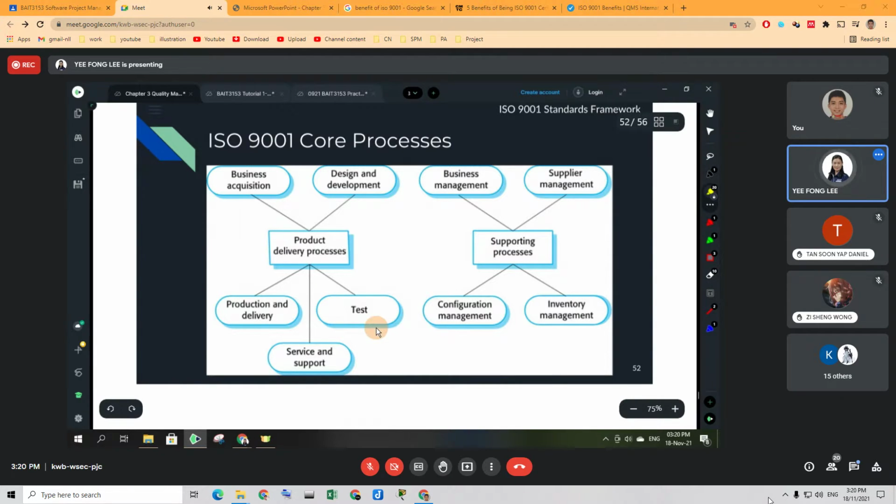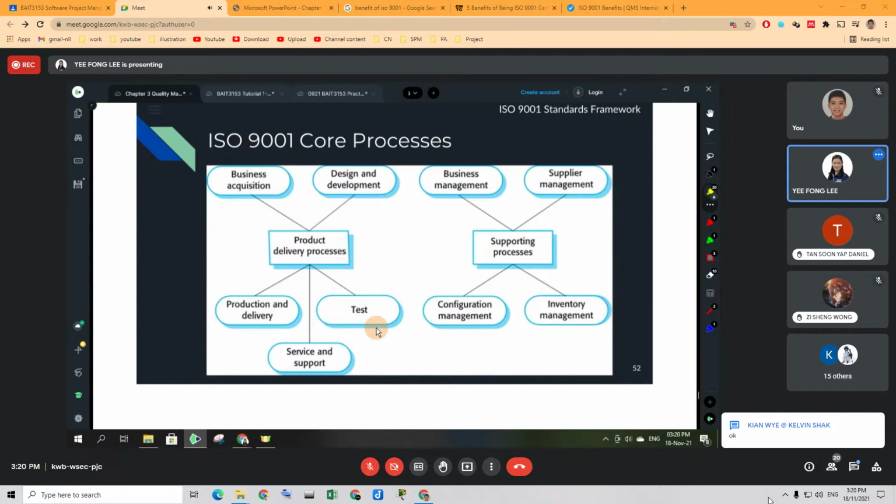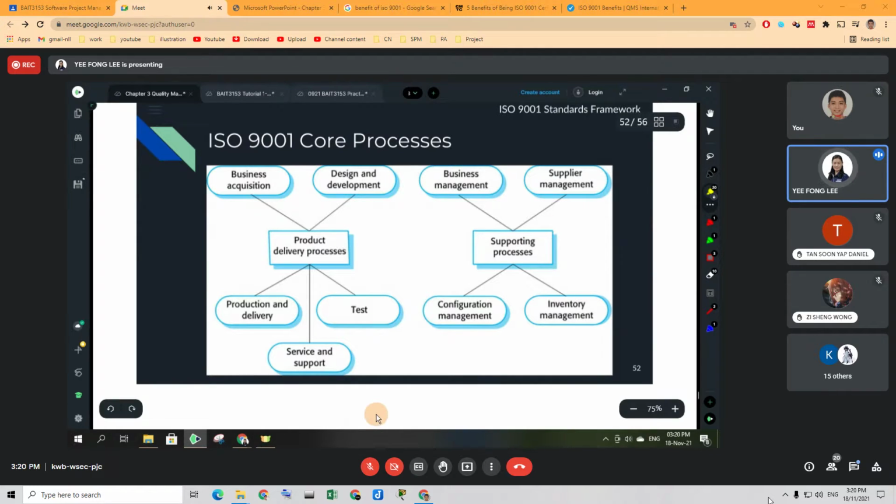So far, okay? For a small company, it can have simple processes without too much documentation. However, that doesn't mean that we can always make an assumption.